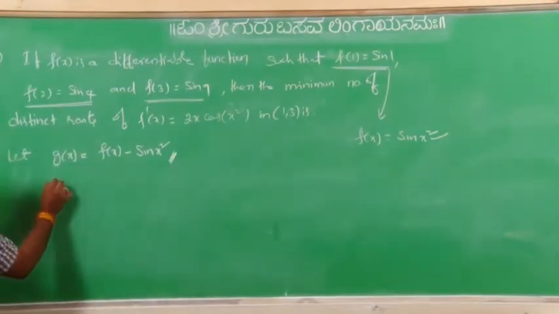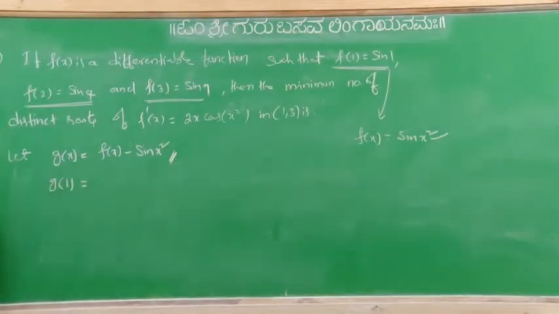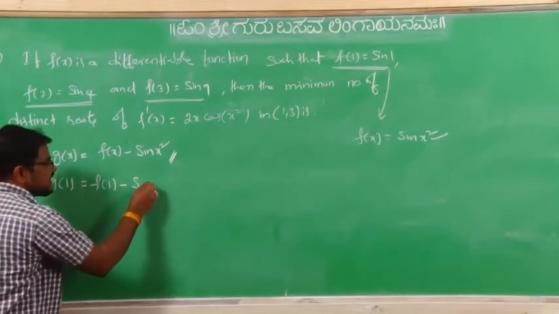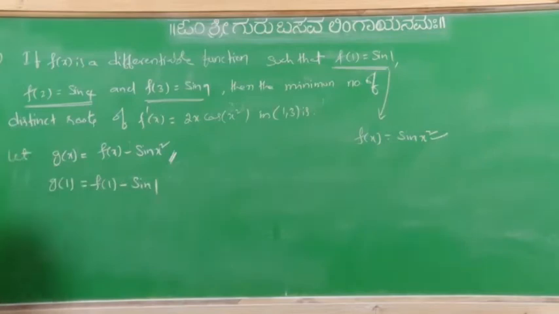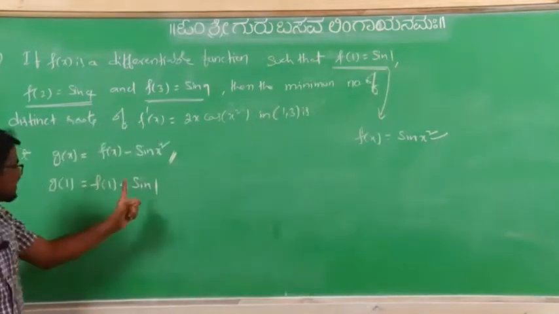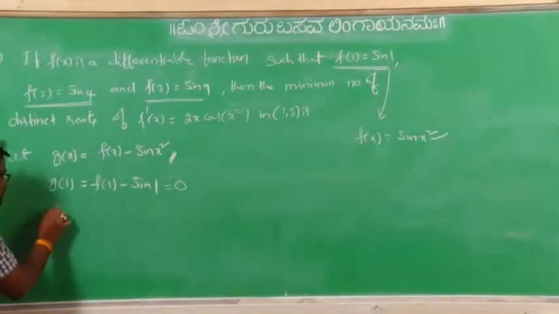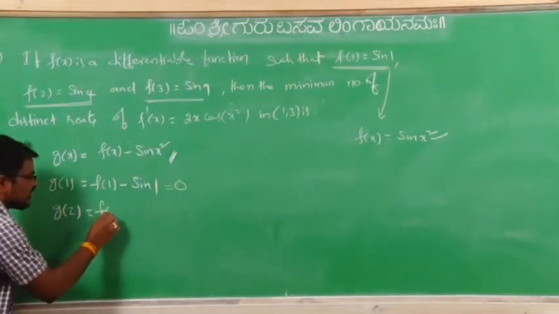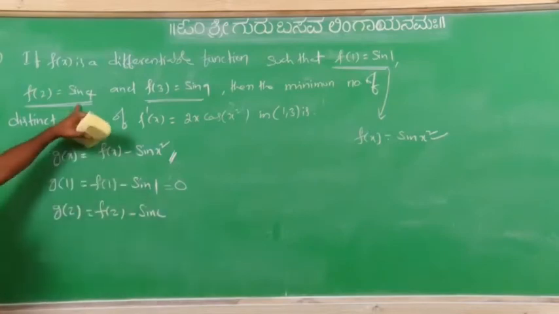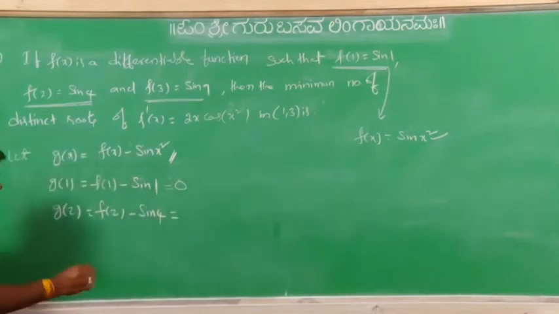That is, g(1) you take: f(1) minus sin 1. f(1) equal to sin 1, or not? Now f(1) minus sin 1 equals 0. Next, g(2) equal to f(2) minus sin 4, which is also 0.